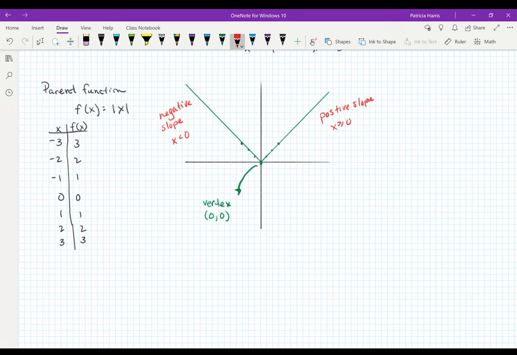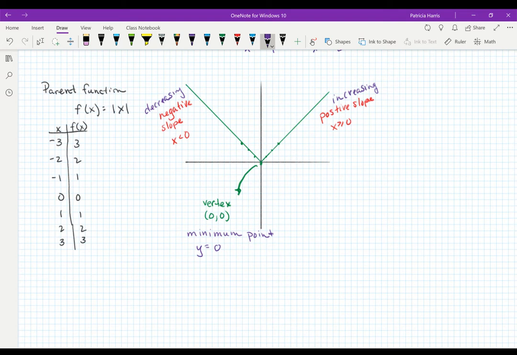Now, another word for negative slope and positive slope, hopefully you guys are aware, are decreasing. The graph is decreasing. And for positive slope, we can say the graph is increasing. All right, my vertex also has to be the location of my minimum point. Now remember, minimum points are always a y value. So my minimum point is y equals 0.